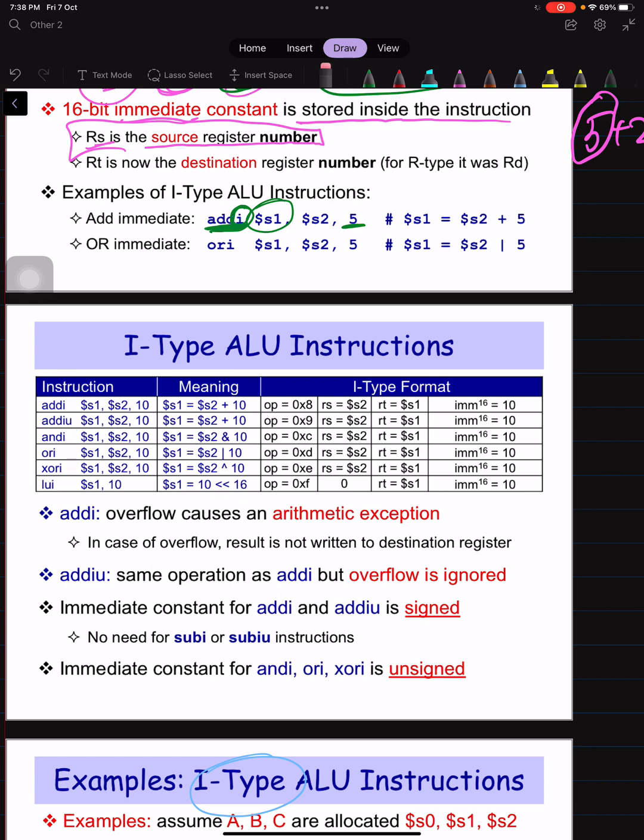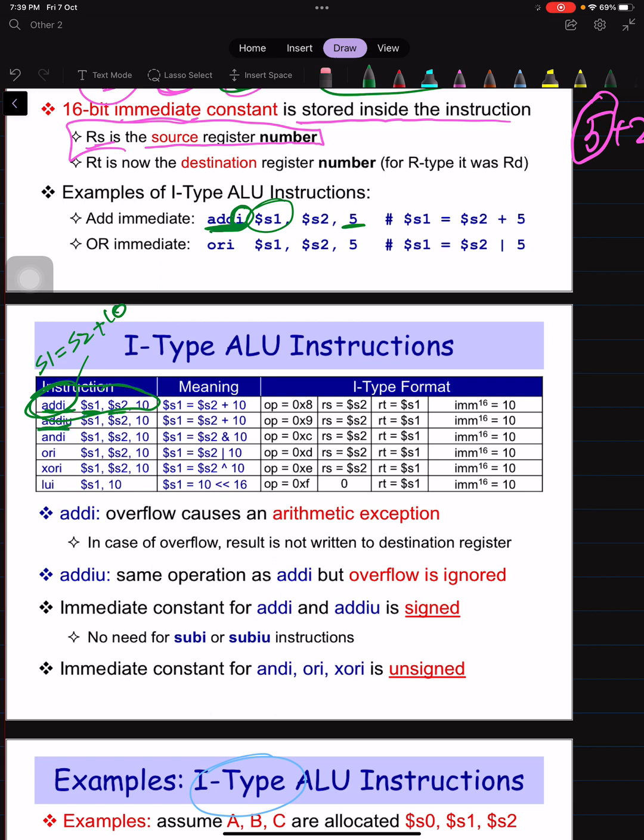We have addi, which is adding using the I type. I want to use a constant this time, that's why I'm using addi. When I say S1 S2 10, what happens exactly here is S2 plus 10, and I put the answer in S1. Then the next instruction here is addiu.